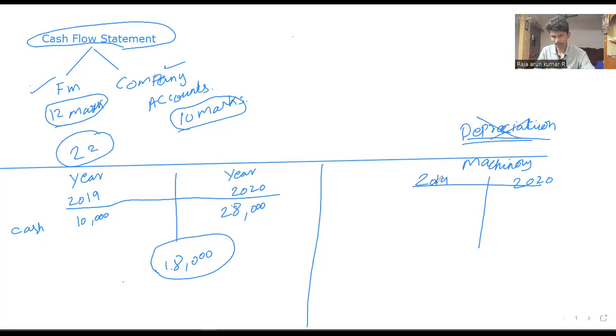We simply take machinery as an asset. In machinery, the balance in 2019 was 1 lakh, and in 2020 the balance was 2,50,000. The difference is 1,50,000. What is the difference of 1,50,000?